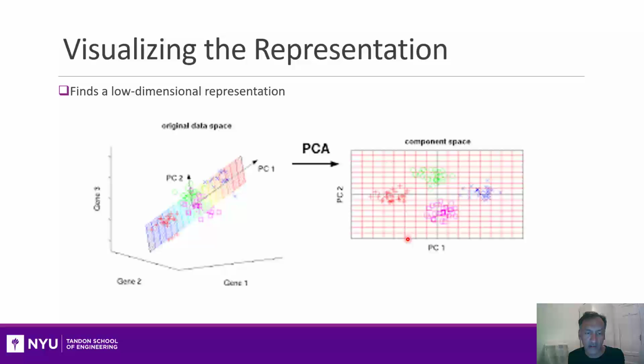Let me just show you one more illustration of this, which I took from the web. Let's imagine that we have 3 dimensions, 1, 2, and 3, and our data is sitting in this 3-dimensional space. But really, most of the data is very close to this plane, which is shown here.